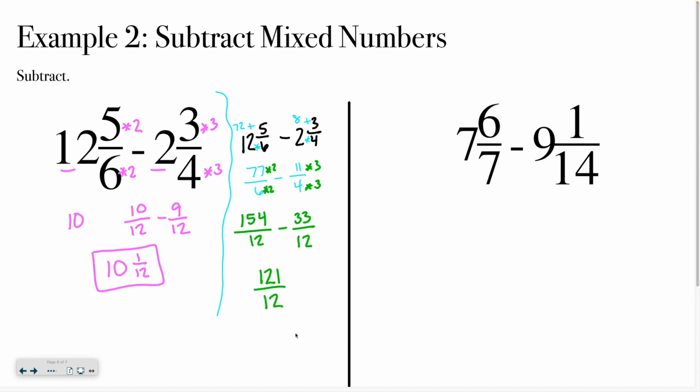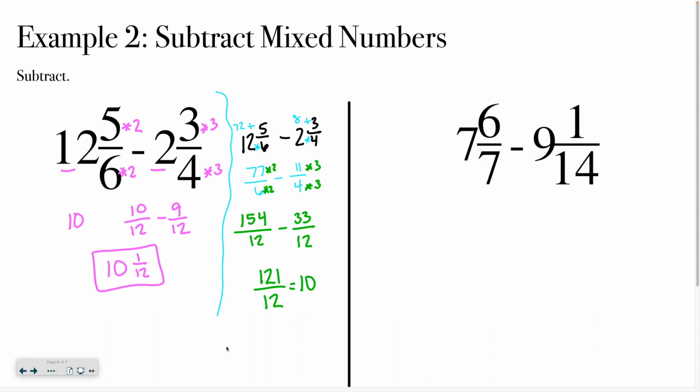And if you're wondering how many times 12 can go into 121, well, I noticed that it's a pretty similar number. The top number just has a 1. So I'm going to guess 10. And 12 times 10 would be 120. So that gets me pretty close. So I'm going to write 10.